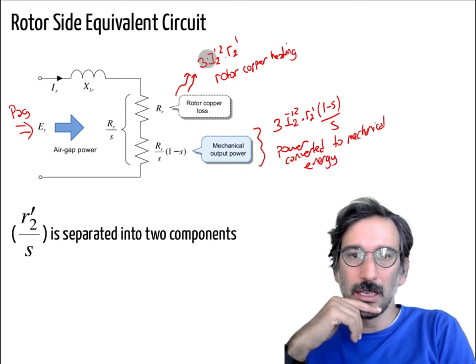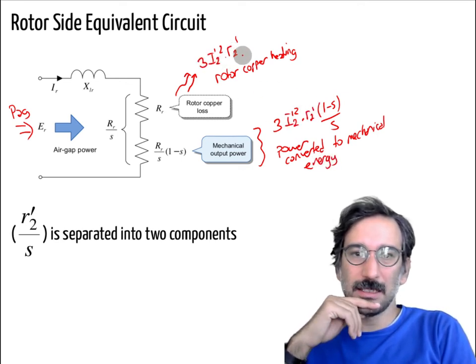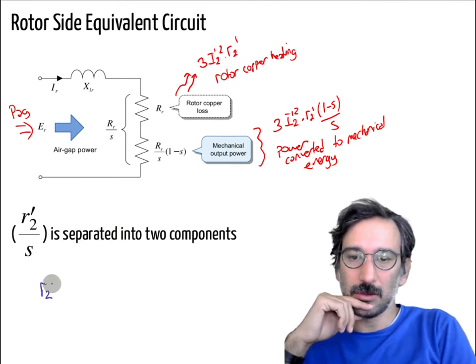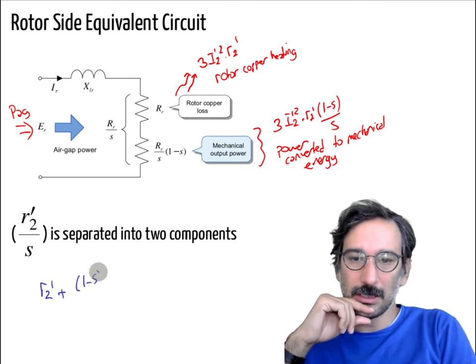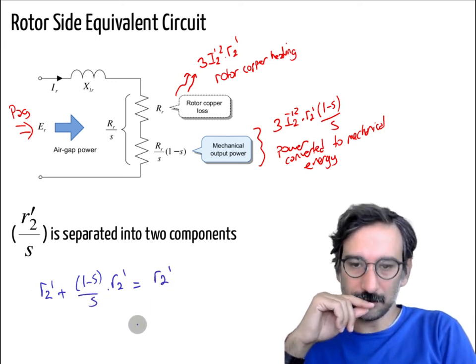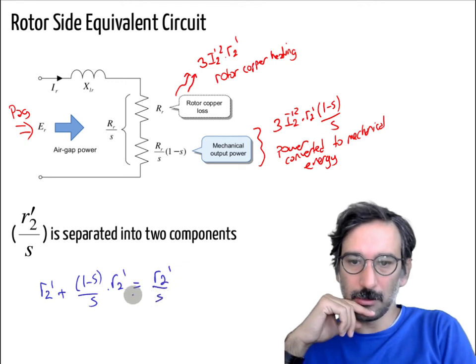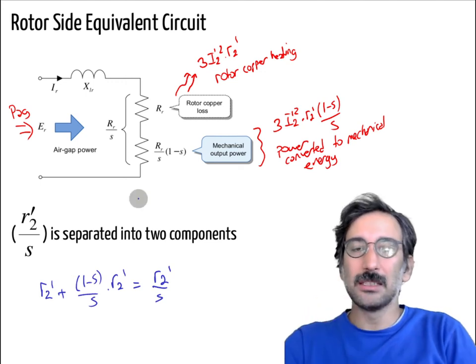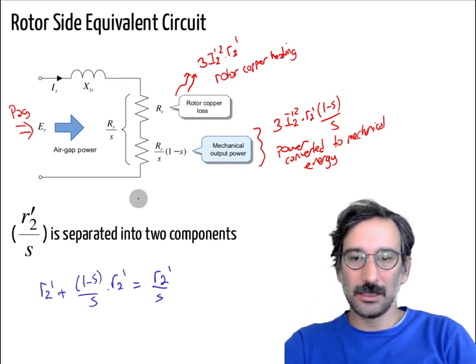And if you add these two resistances, R2 prime plus (1 minus S) over S times R2 prime, that is equal to R2 prime over S, as the S cancels out. So that is how we divide these two components.